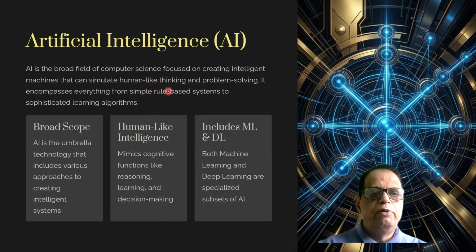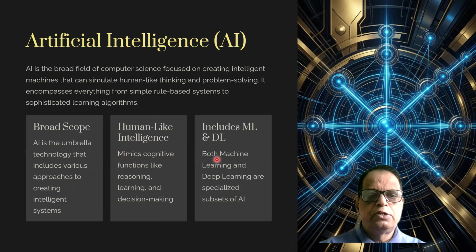So basically, it consists of everything from rule-based systems to sophisticated learning algorithms. So we can say that AI is an umbrella technology that will include various approaches for the creation of the intelligent machine. So human-like intelligence is possible, like reasoning, learning, and decision making.